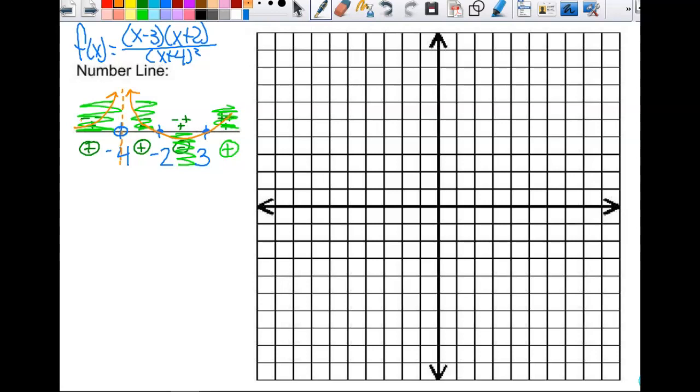Okay. So on our graph, let's go ahead and get our asymptotes on there. I always want to do those first. So the vertical asymptote at 1, 2, 3, 4, x equals -4. Horizontal asymptote at y equals 1. And then I'm going to plot what I can plot.